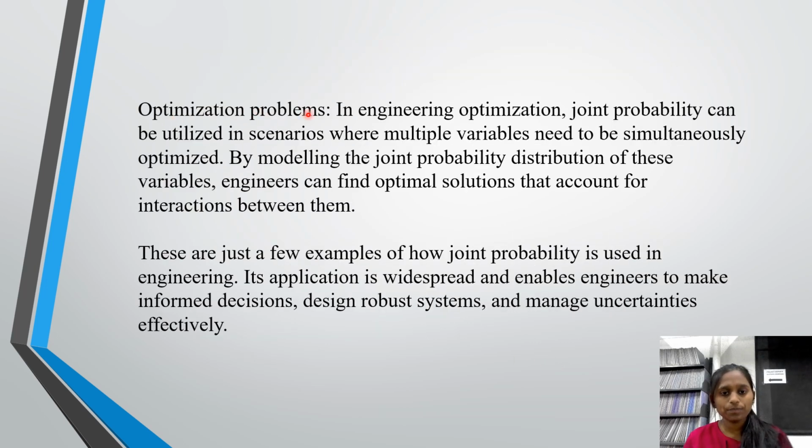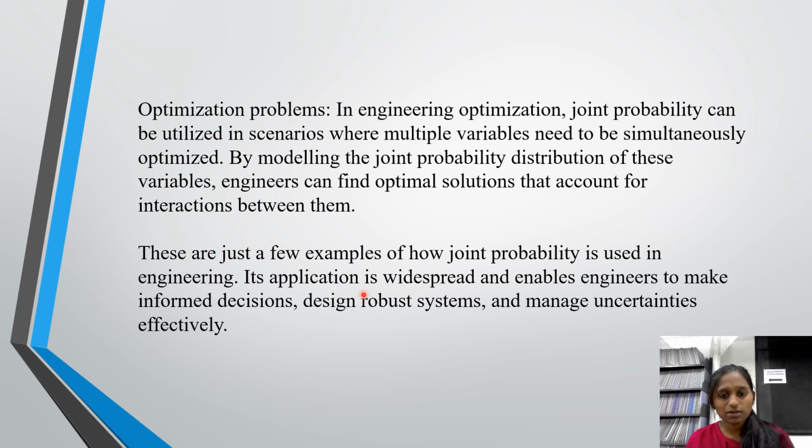Optimization problems. In engineering optimization, joint probability can be utilized in scenarios where multiple variables need to be simultaneously optimized. By modeling the joint probability distribution of these variables, engineers can find optimal solutions that account for interactions between them.